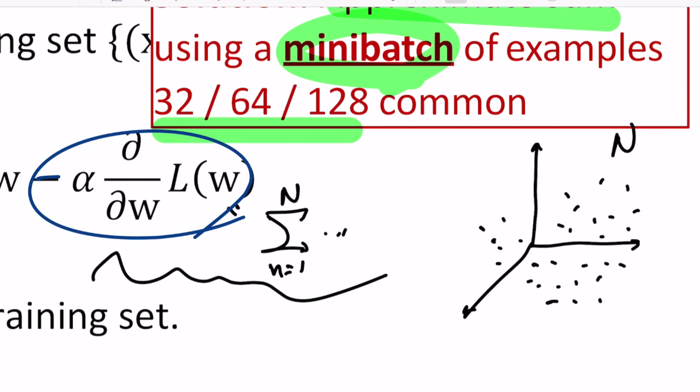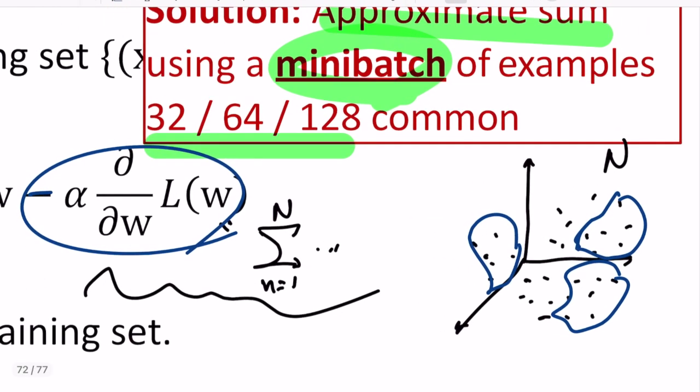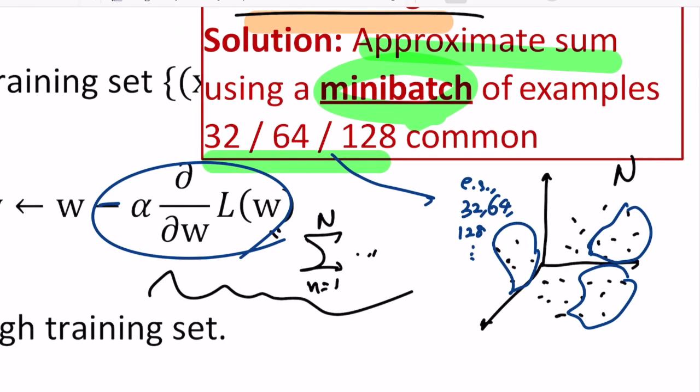So in the mini batch case, we group the training data into mini batches, subsets of the samples of size 32, 64, 128, and so on. Then we compute the loss gradient for each batch independently.